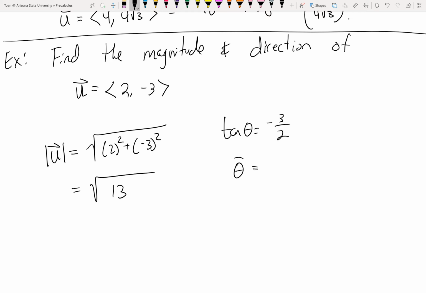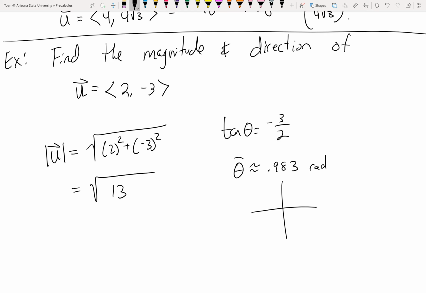So for the reference angle, 3 over 2 is not special, so I'm going to deal with reference angles and ignore the negative. In my calculator, in radians, I'm going to do inverse tangent of 3 over 2. That gives me a reference angle of about 0.983 radians.